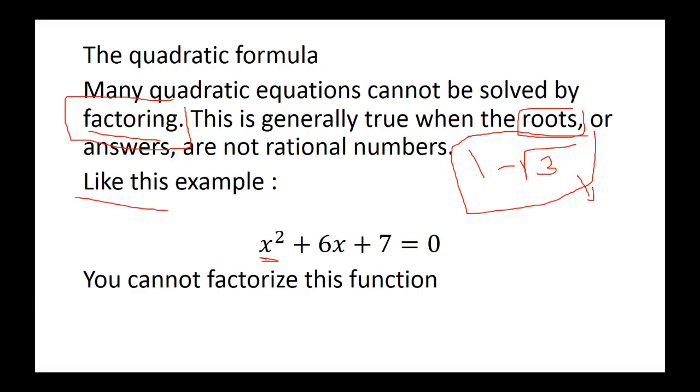Like this example, x power 2 plus 6x plus 7 equals 0. If you think about factoring, we need two numbers that multiply to give 7 and add to give 6. The factors of 7 are only 1 and 7, but if you add 1 plus 7, you get 8.